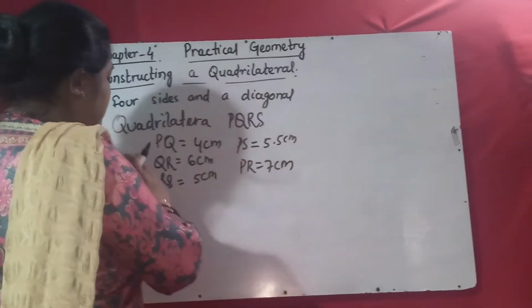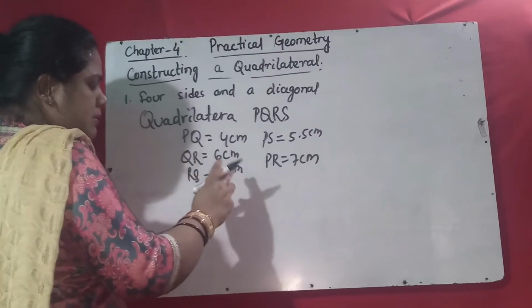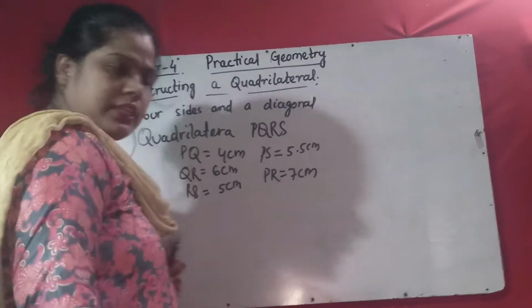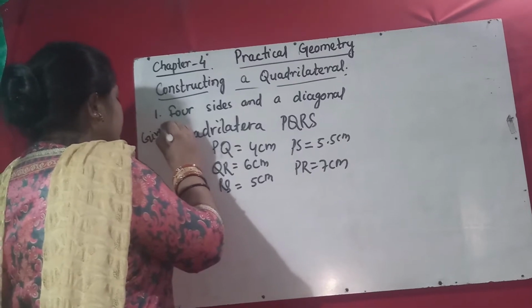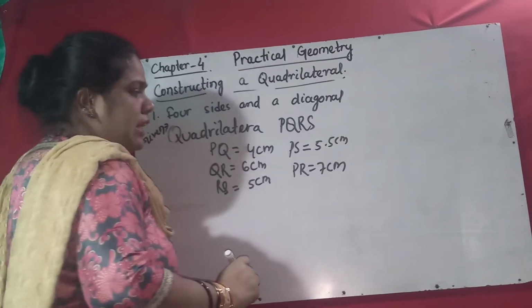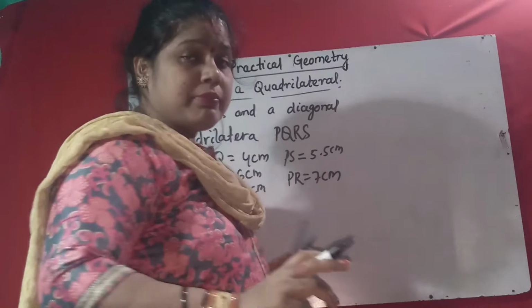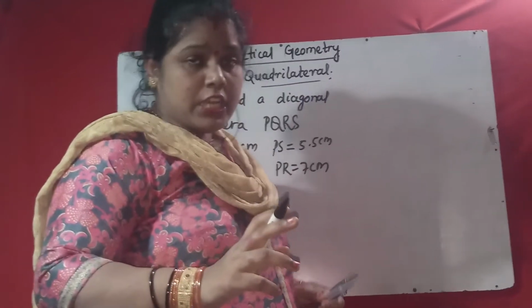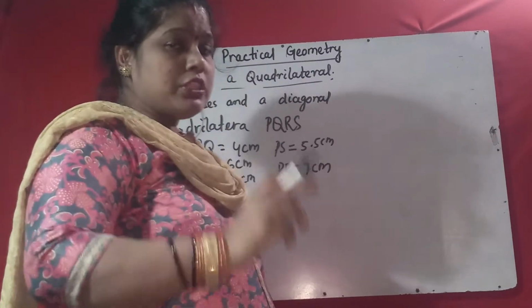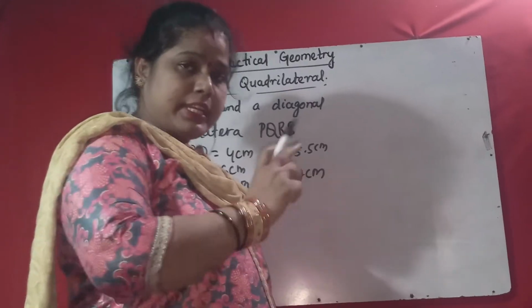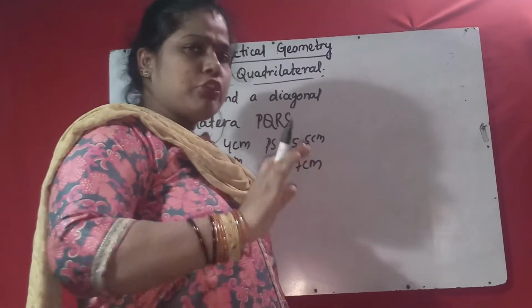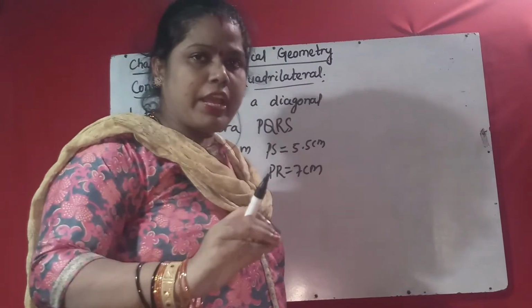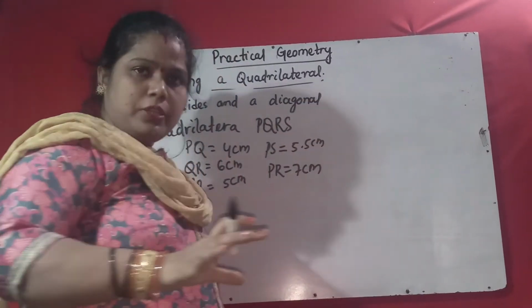So 5 pieces of information: PQ, QR, RS, PS, PR. This much is given. So first you write the given, first point. Then one rough diagram is very necessary, very important. To construct a quadrilateral or triangle or whatever, you must draw a rough diagram on the right side of your notebook to help us.